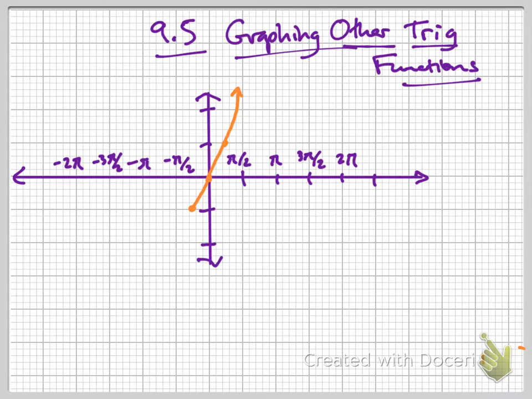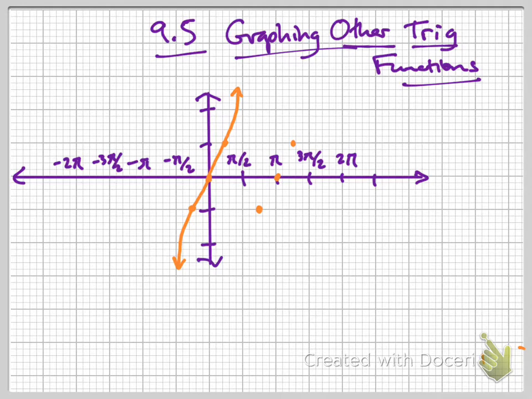Then the same thing happens where it becomes a really big negative number as my input approaches negative pi over 2 from the positive side. This shape is going to repeat itself, with lots of asymptotes along the way.